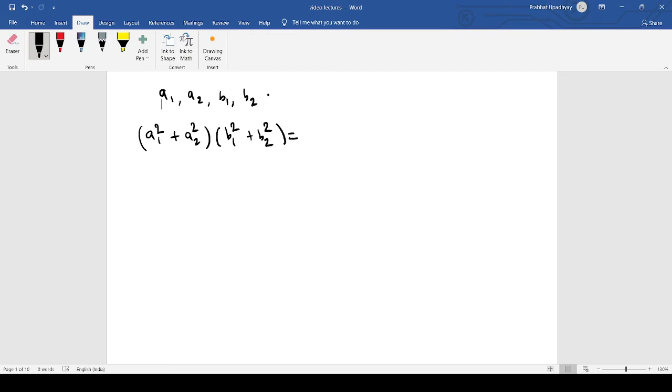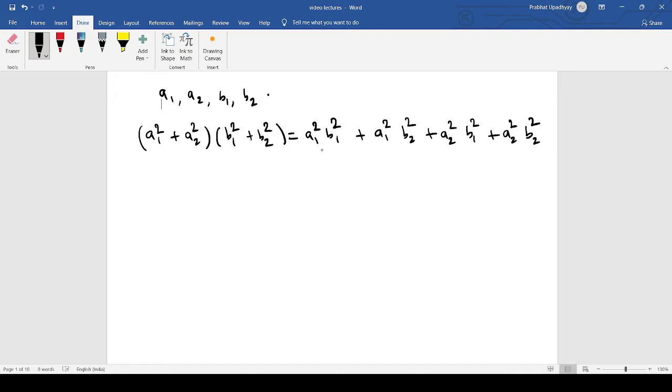After multiplication, you get a1² b1² plus a1² b2² plus a2² b1² plus a2² b2².